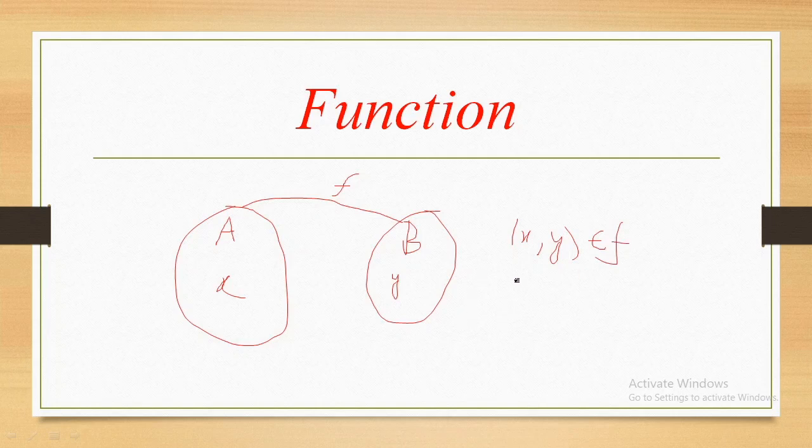And we write y equal to f of x. Then we say f colon A tends to B is a function. Already we know what is relation and function, we just recall them. In this calculus, we always discuss real valued functions, that is, A and B are subsets of real numbers.